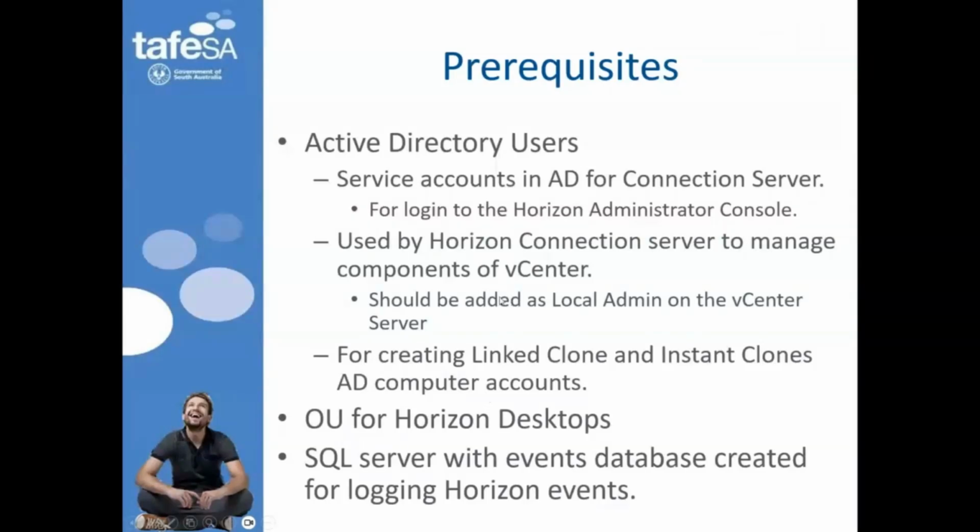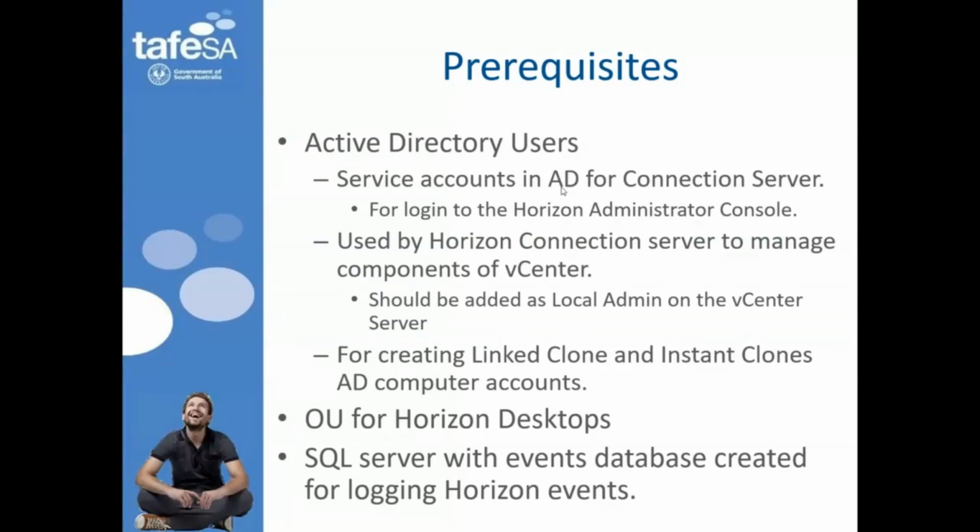So we need service accounts in Active Directory for the connection server. So the connection server is the main thing for Horizon. And this connection server is for logging on to the Horizon Administrator console. Obviously, we need to have a way of logging into the console and doing our administration work, and that's the account.